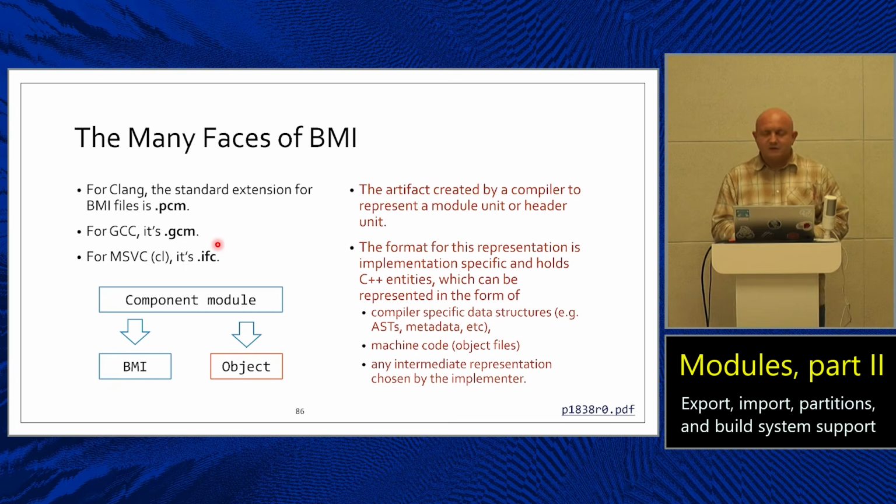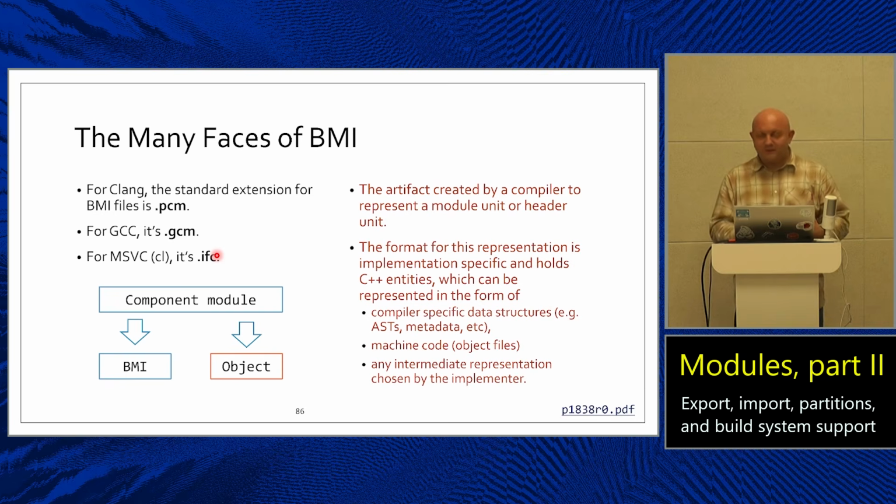Each of them stores the compiled representation of a module's interface or header unit. But the structure of that file is completely compiler dependent. It might contain serialized AST nodes, compiler-specific metadata, bits of machine code, whatever intermediate representation the implementer decided to use. And of course, if you try to feed a GCC-produced module into Clang, no, it won't just work. They don't speak the same dialect.